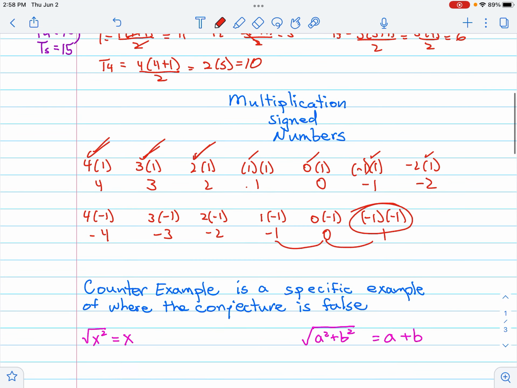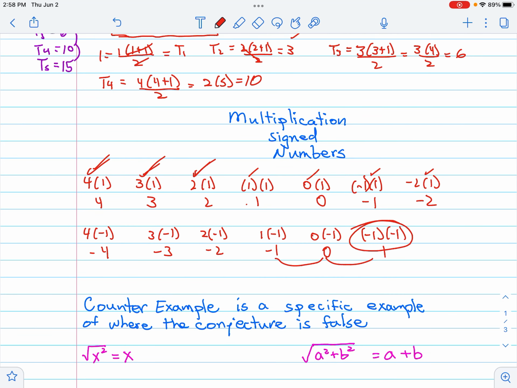Now, what I want to do next is another term, a counterexample. You can make a conjecture, and then you can prove that conjecture wrong with just one counterexample. Let's suppose you attend a basketball game, and you notice every student you see is above 6 foot tall because they're on the basketball team.